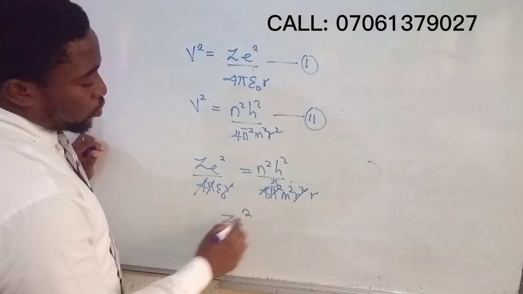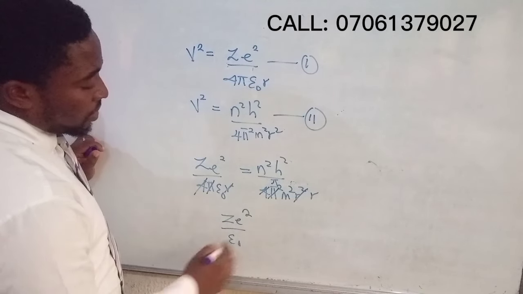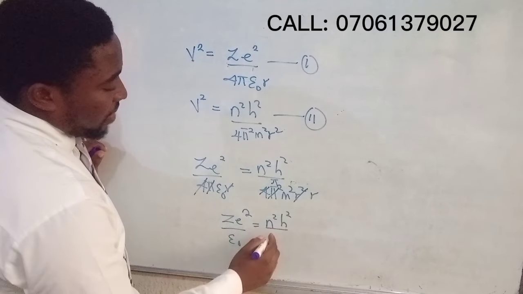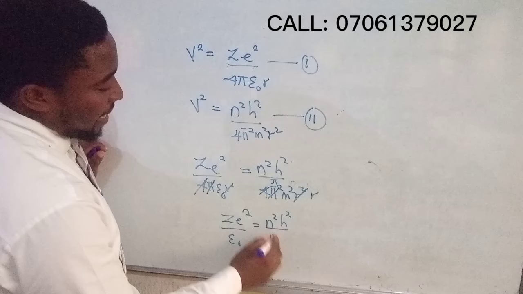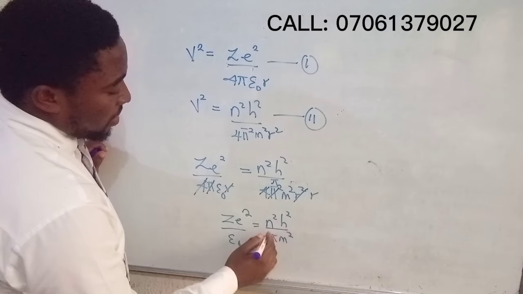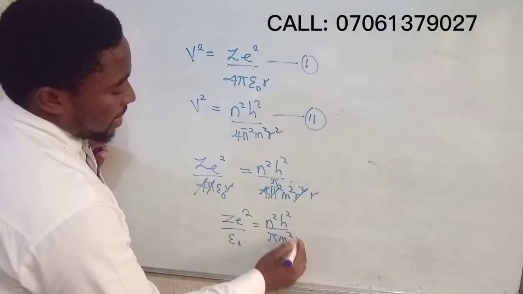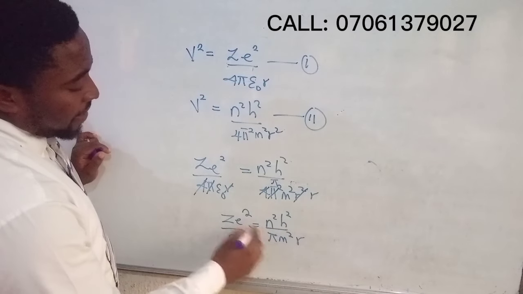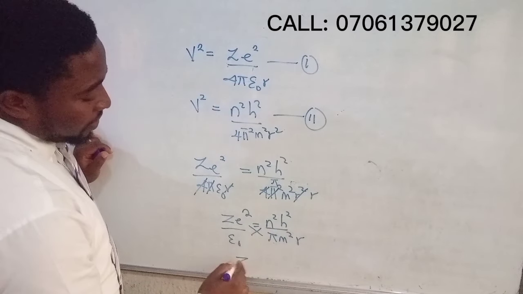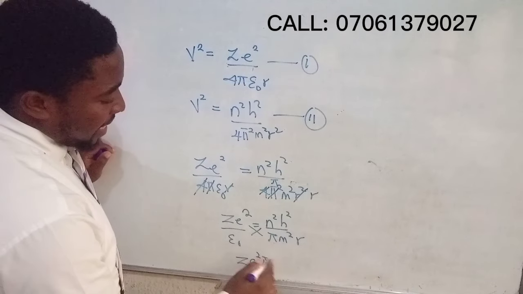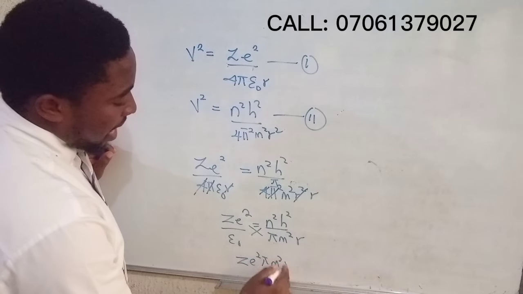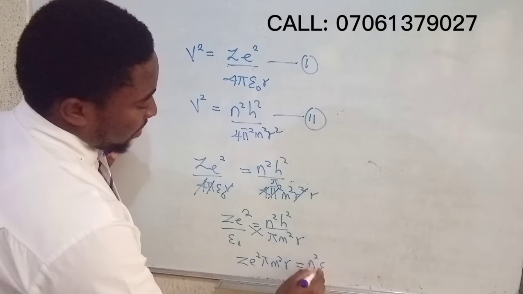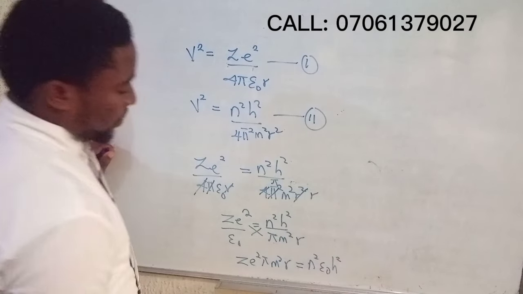So we have Ze squared over epsilon naught, and that's equal to n squared h squared over pi m squared r. So if I cross multiply, I'll have Ze squared pi m squared r, that's equal to n squared epsilon naught h squared.